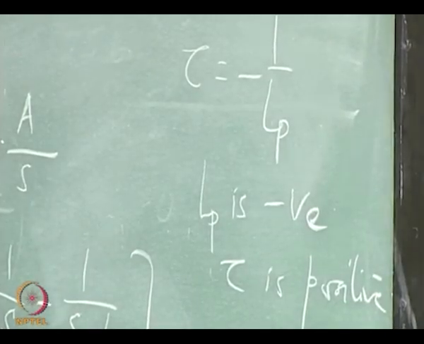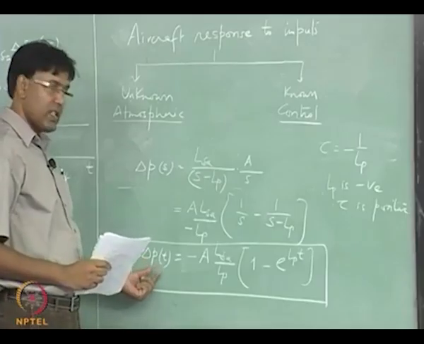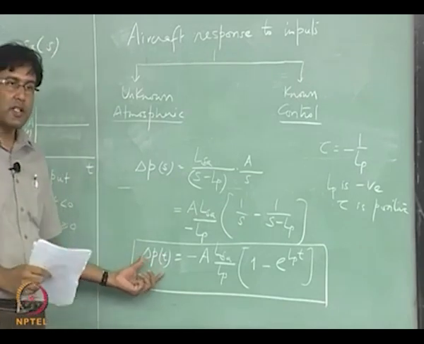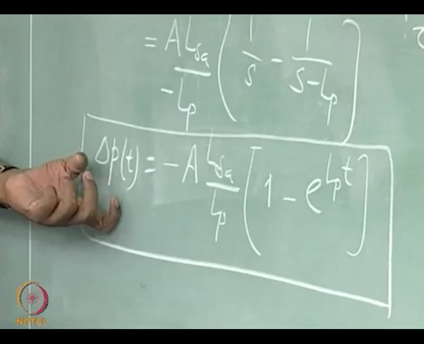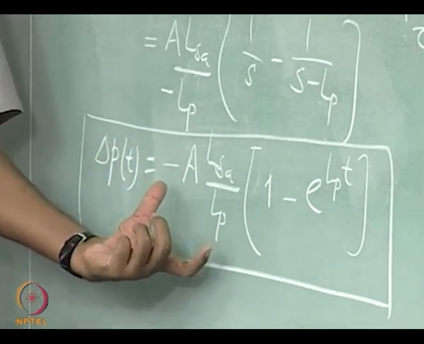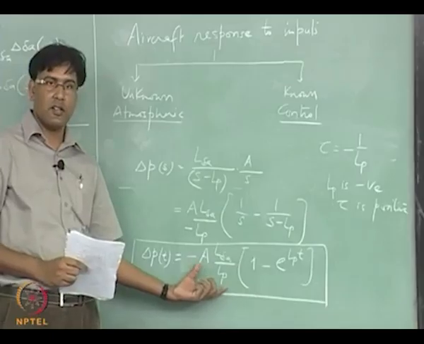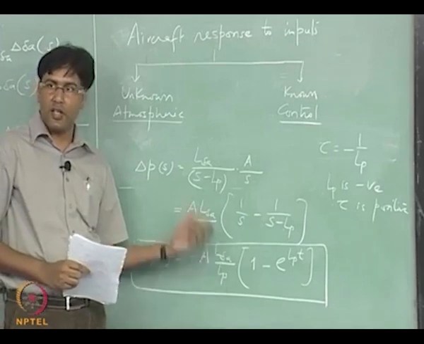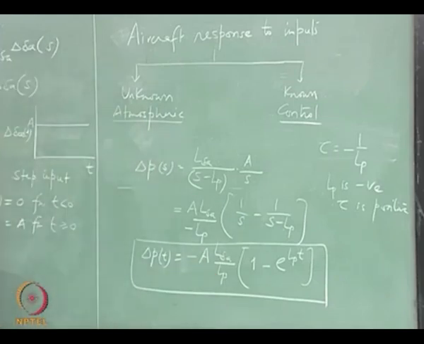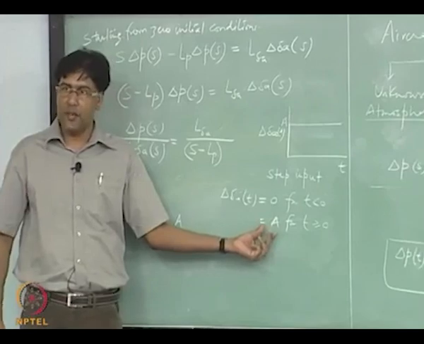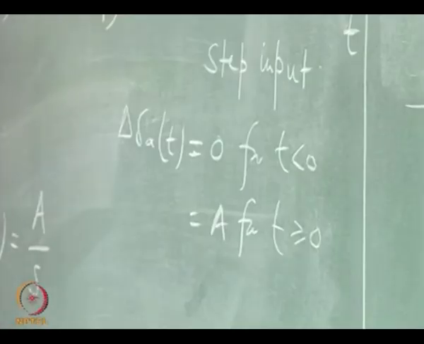So what it tells me is, in the steady state delta p is going to approach some value which is not 0, isn't it, for the unit step deflection in L1, not unit step, the amplitude of this step input in L1, the amplitude is A, right.